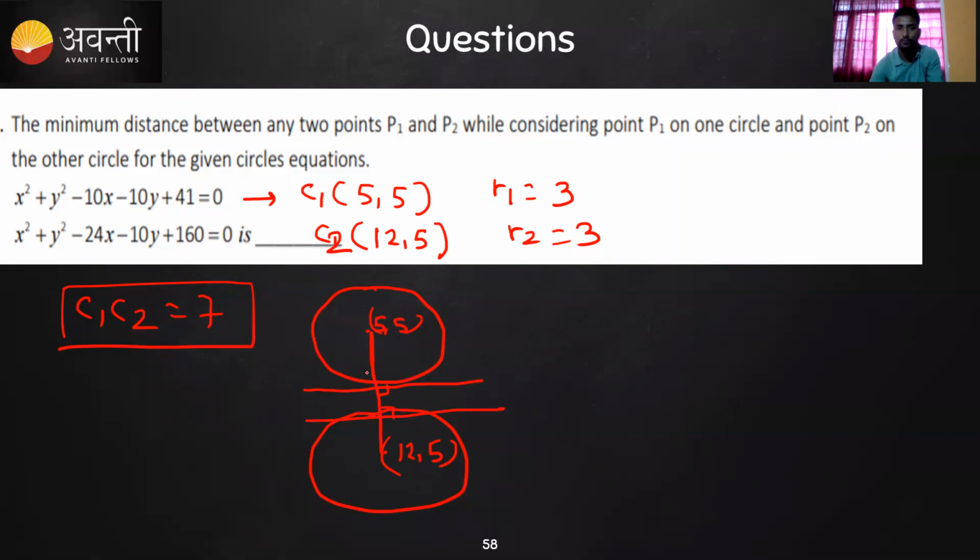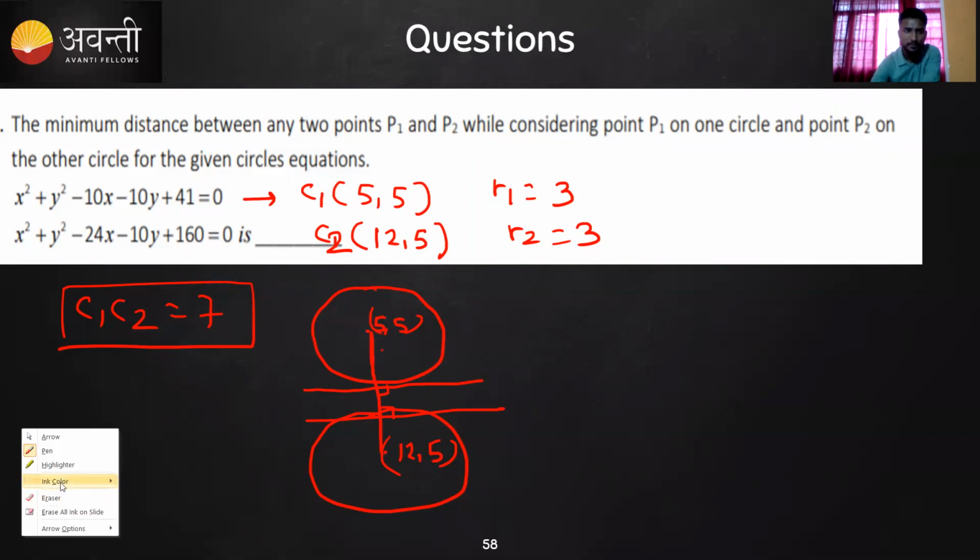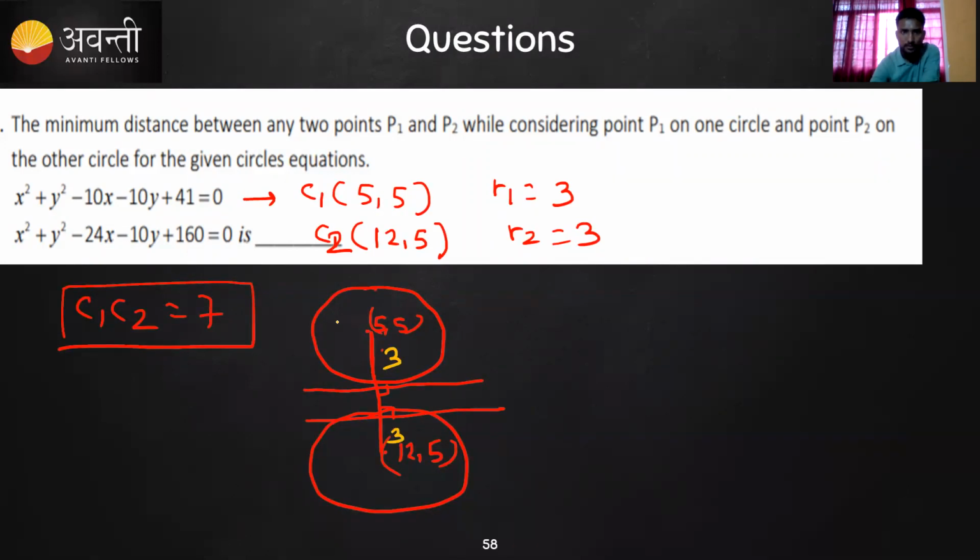So from here what can you see? You can see the distance between these two lines and these 2 points will be basically nothing but 7. But here you can see, this is 3 and this is also 3, but C1, C2 is nothing but 7.